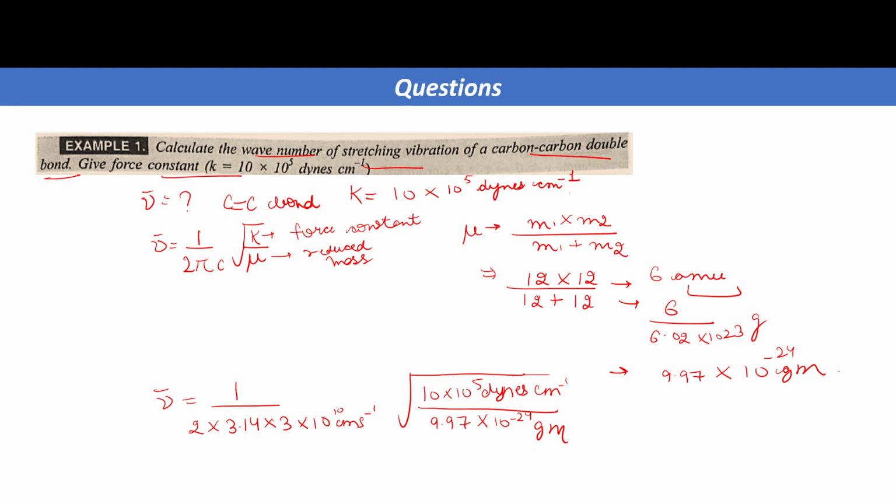Is it clear? Then we can simply calculate, and after solving it the value will come out 0.680 into 10 raised to power 4 centimeter inverse. We can simply write it as 1680 centimeter inverse. So this will be the value of your wave number.